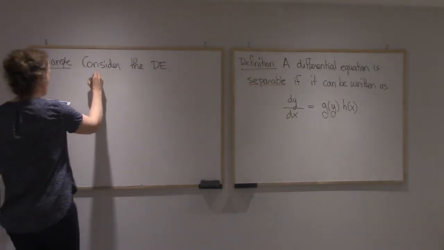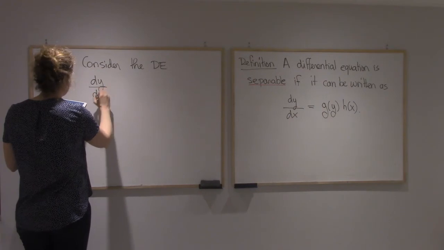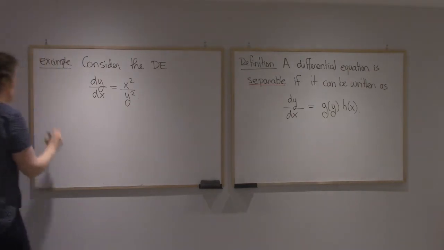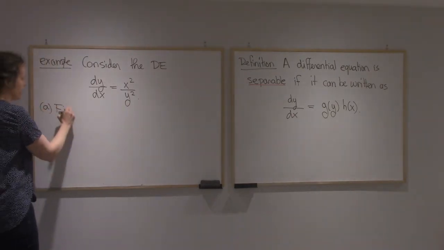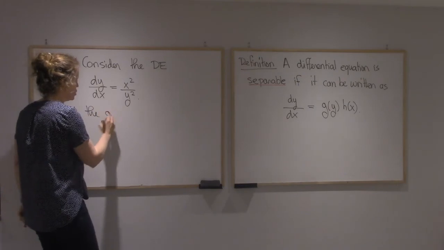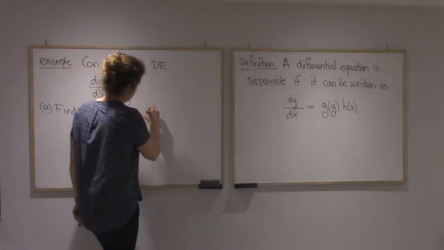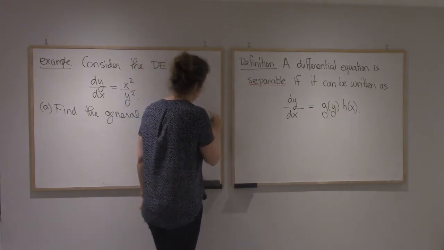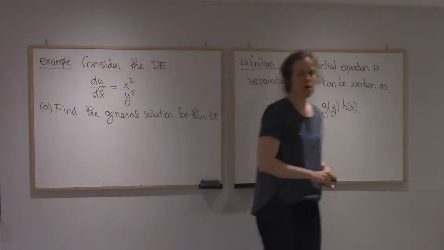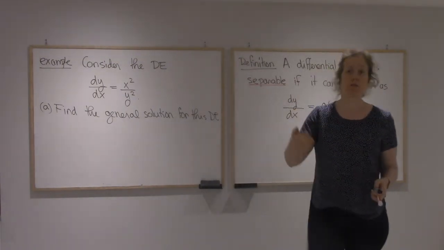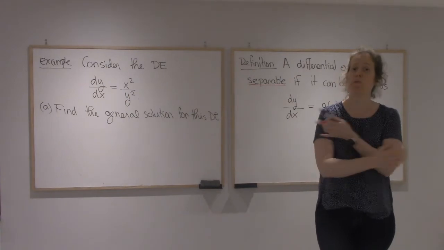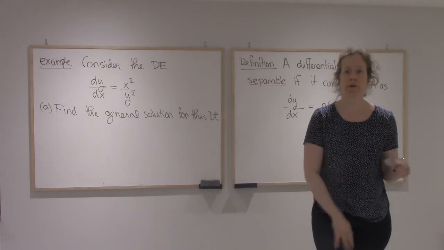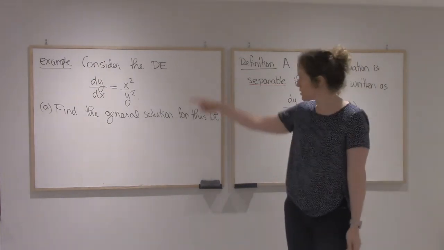I have dy over dx is x squared over y squared. I want to start by finding the general solution for this differential equation. Remember from the last video, general solution means a solution with constants in it that represents every single function that fits this differential equation.